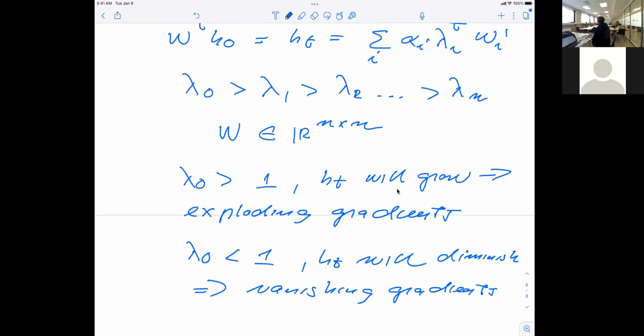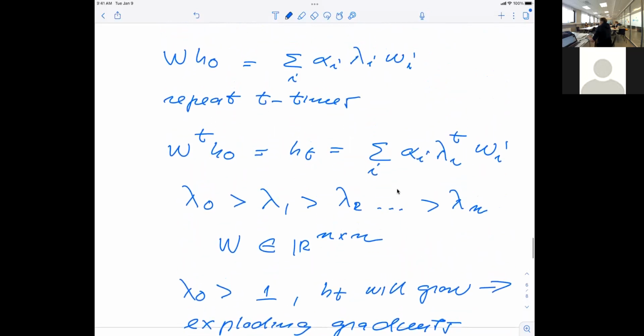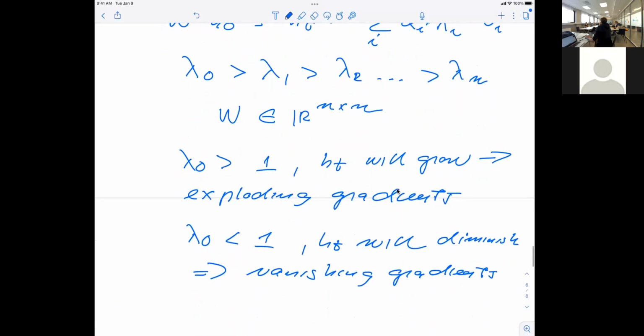Now, this analysis is very simplistic, as you can see, but it tells you what kind of problems you can encounter when you train this type of network. Because these weights feed into the next layer, to the next layer, to the next layer. And since you repeat this many, many times, it's not unlikely that the gradients will explode or vanish in the training.